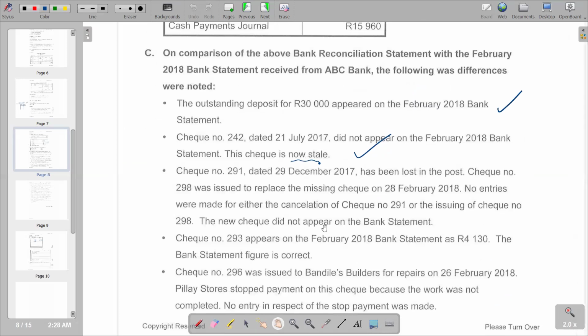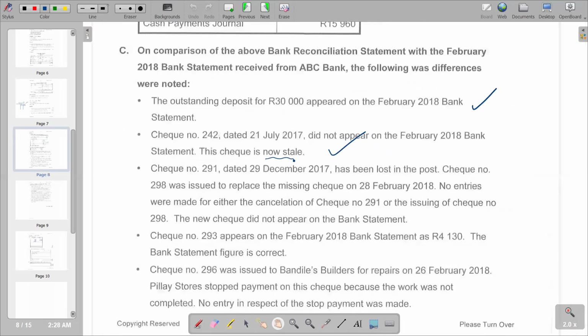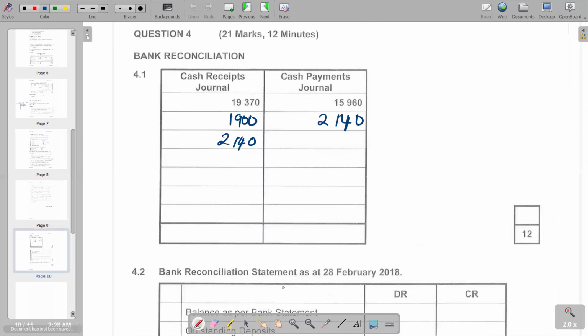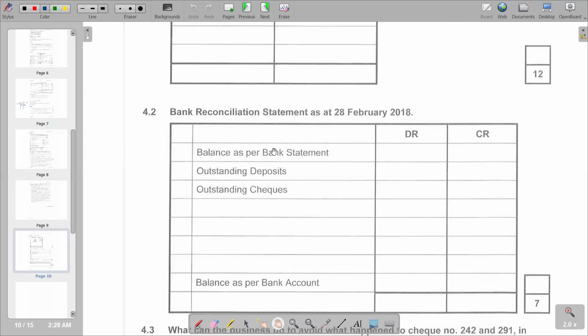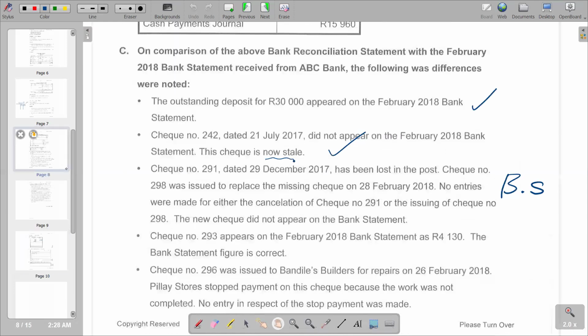So we now see that as it was also not appearing on the bank statement, it means it's also supposed to be adjusted in the bank reconciliation statement. So the bank statement also needs to be corrected. If you go to our other section, you see that we also have our bank reconciliation statement. So we can update there, whereby we start with the balance per bank statement.